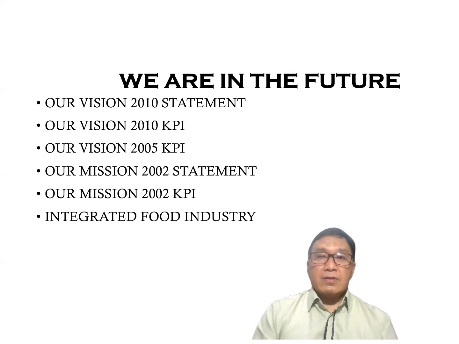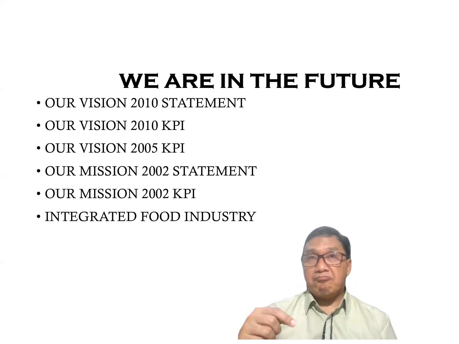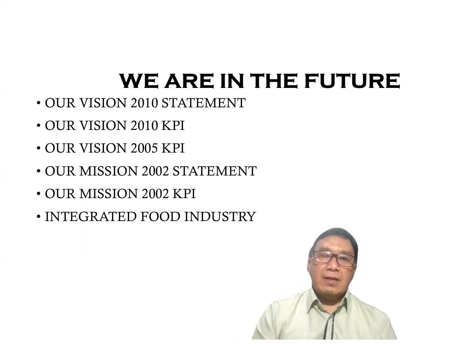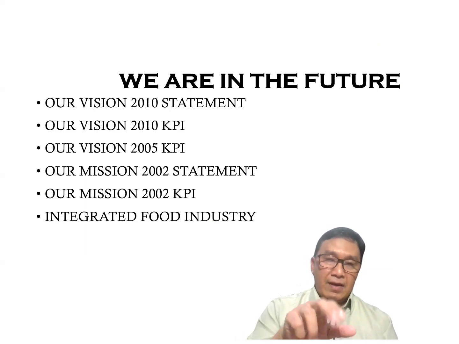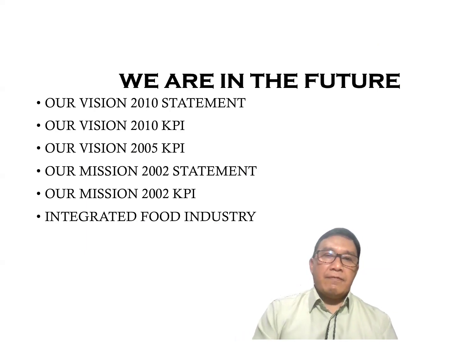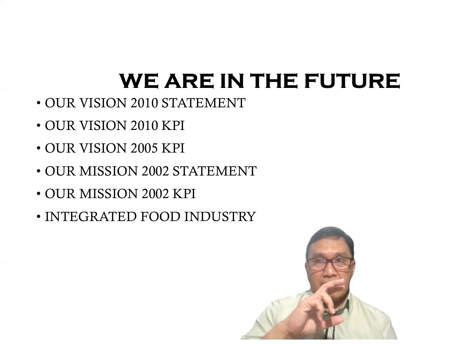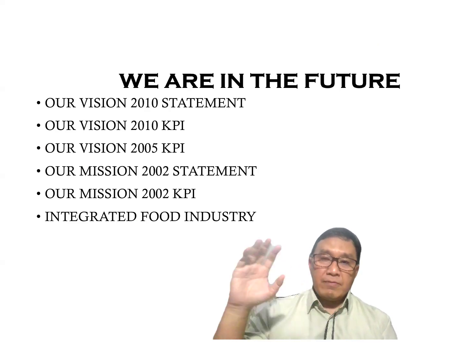So this example is an example of KPIs that were developed in the late 90s, 1998 or 1999. And you see that they have a 2010 vision statement. So they already thought that they wanted to achieve something in the next 10 years.